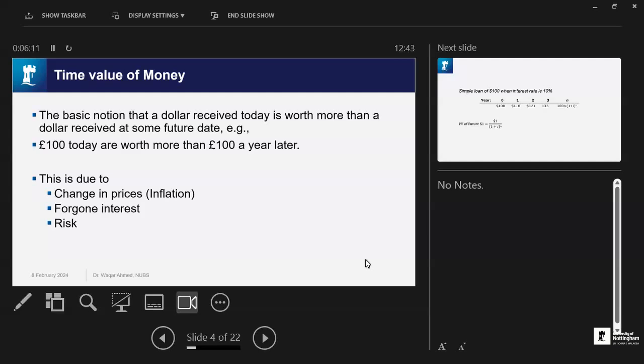Okay. So you know this, right? The cash flow you're expected to receive in year one, how much is it worth today? It's the discounted value at this appropriate discount rate. So what is this appropriate discount rate?